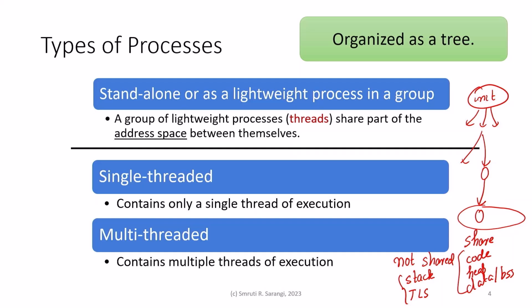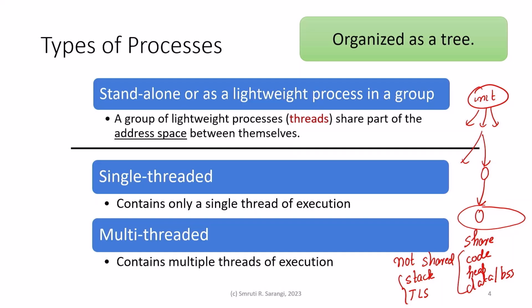So it's called a software thread, right? And a software thread is always part of some sort of a grouping. Of course, you can say that any standalone process is a single thread. That's a fair enough statement to make, but it is not part of a multi-threaded process.